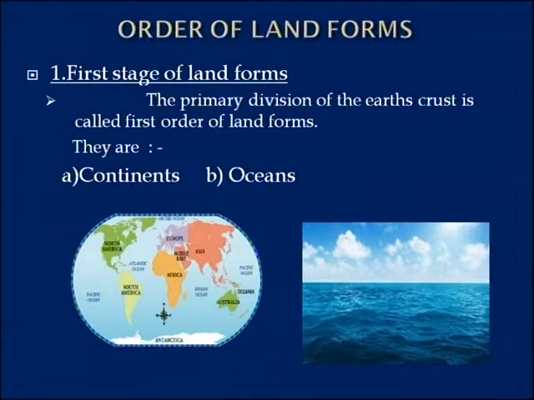See here the order of landforms. The first order of landforms is the primary division of the earth's crust. They are the continents and the oceans.